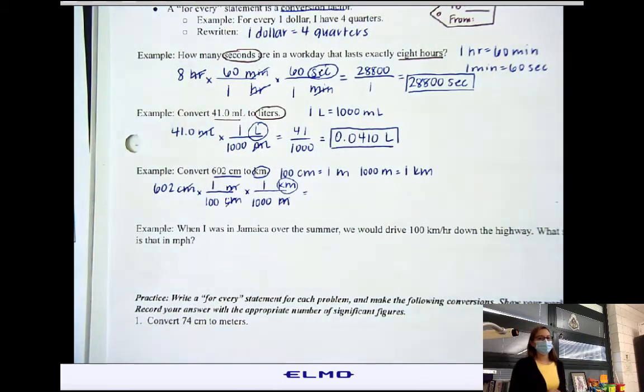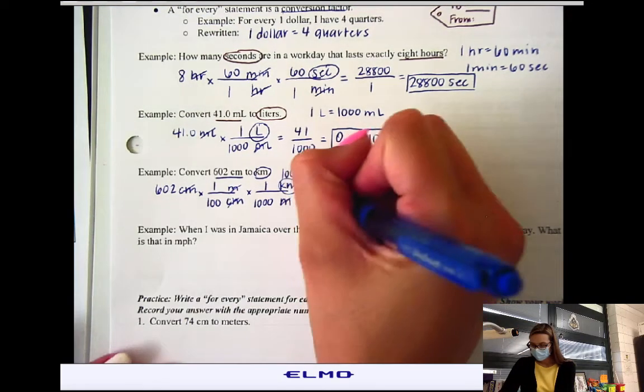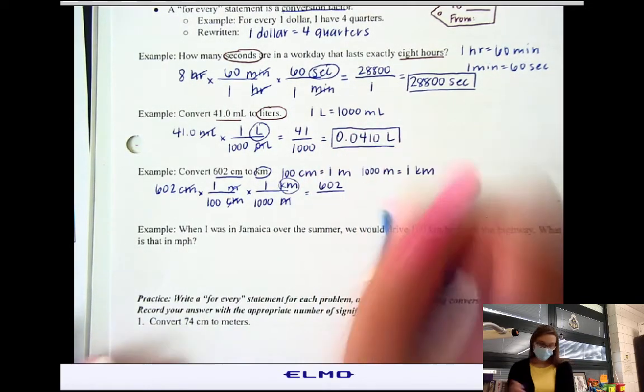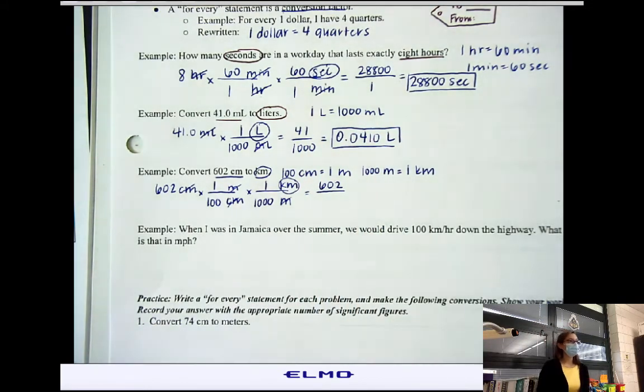Now when you plug this in your calculator, remember you have to multiply across the top and multiply across the bottom and then divide the numbers.